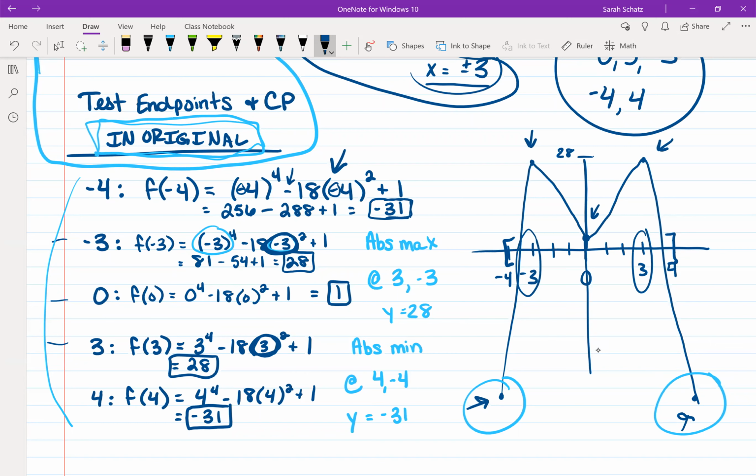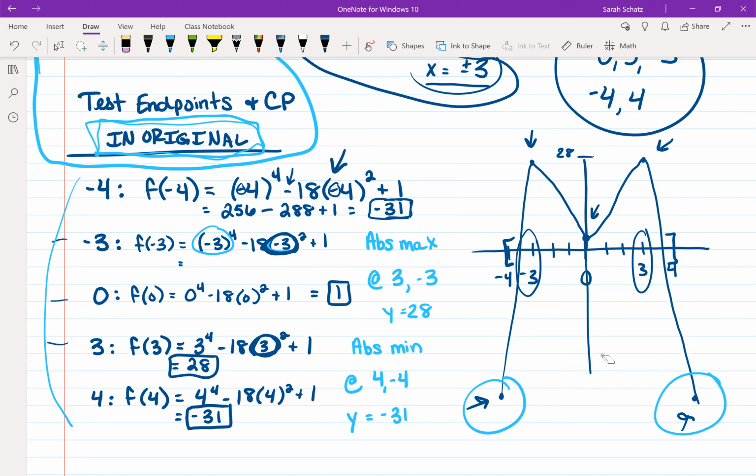I squared the 4, then I multiplied it by 18, but I didn't square that 3. That wasn't just 18 times 3, that was 18 times 3 squared. So our answers might change, right? Let's see what happens. I don't know why I didn't square it, to be honest with you. I said the word squared, but I just didn't do it.